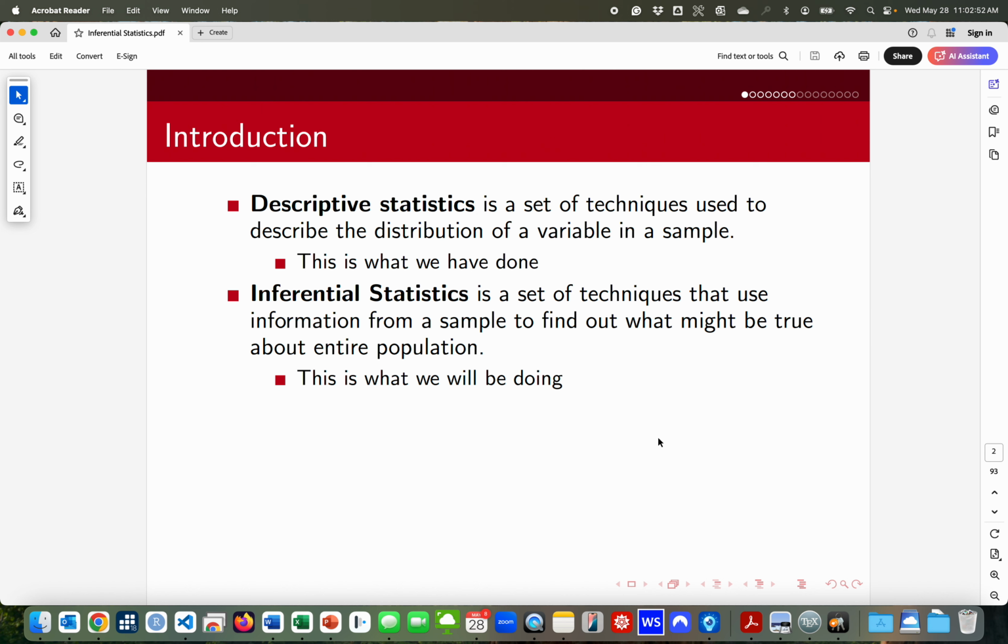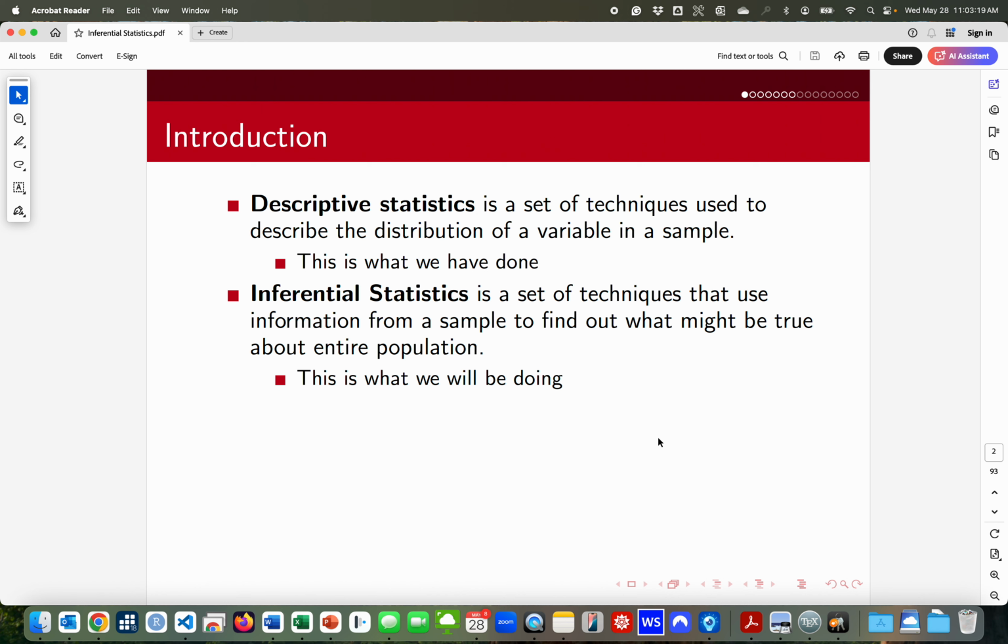If you do a good job describing the data, that helps you learn about what might be true in the population. So the descriptive always comes first because we start with the sample mean and the sample standard deviation, and those are the two primary sample statistics that we're going to use to make inference about the population mean.